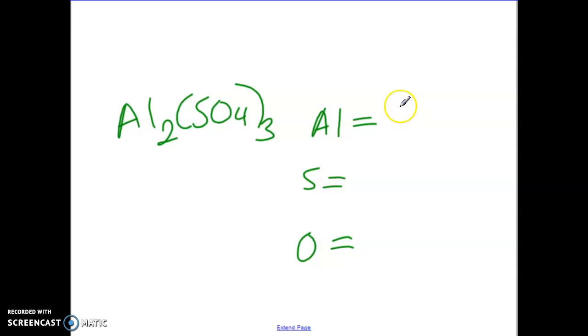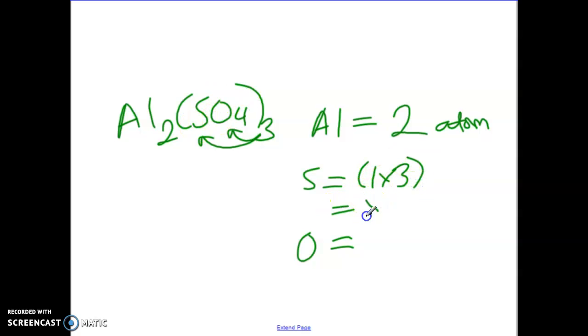So your aluminum here, you should have a total of 2, and that's simply because that is what the subscript is. Now the 3 outside the brackets only applies to the elements that are inside. So sulfur is 1 times 3, which is 3 atoms total.